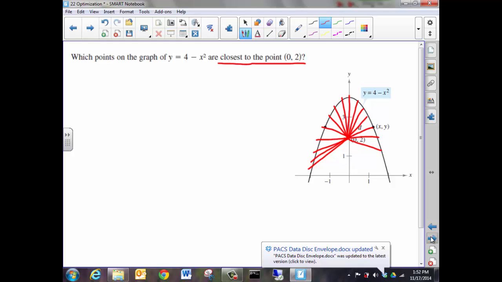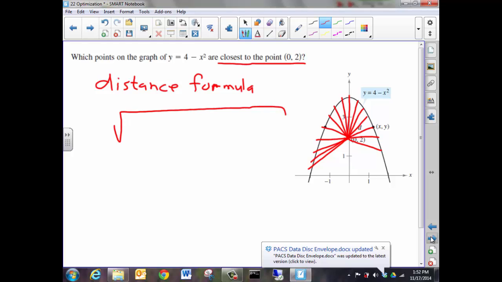What does distance mean, anyone? How do we find distance? Y'all been doing this for a long time. Do y'all remember something called the distance formula? Y'all didn't sing the Addams Family?